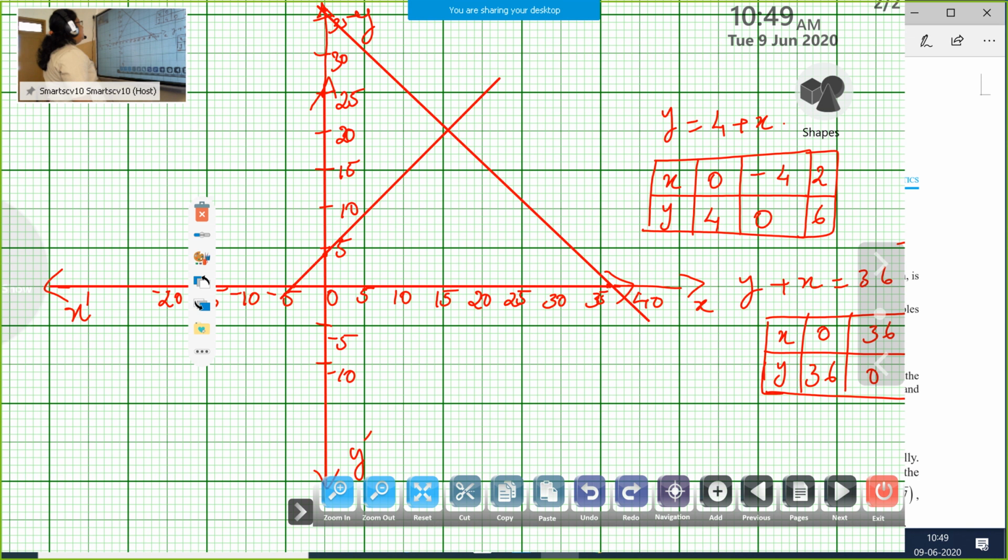Find the intersecting point. It is an x coordinate, 16, 20. We take width equal to 16 and length equal to y, y equal to 20.